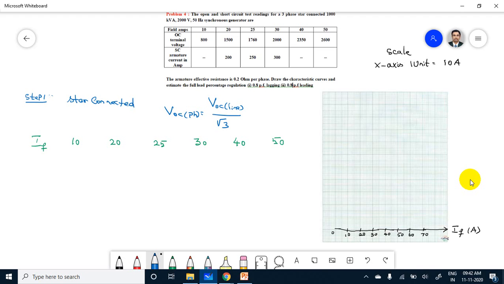Now we have to mark VOC phase on the y-axis.